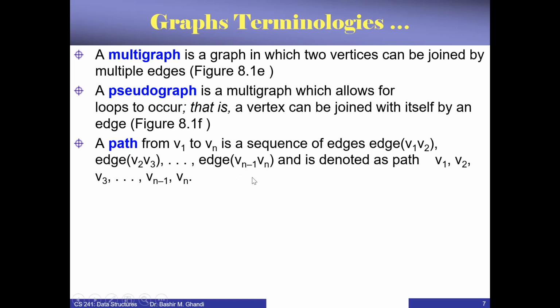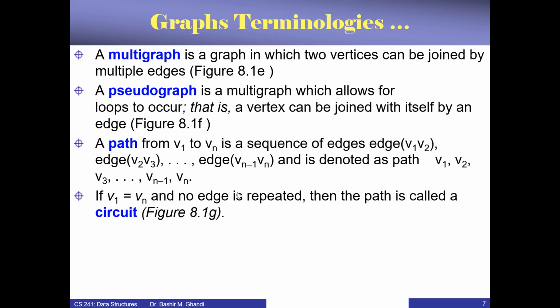Okay, so a sequence of edges between V1 and Vn. And for simplicity, it is simply denoted as V1, V2, V3, and so on until Vn, without repeating the word edge. Just list the sequence from the starting vertex until the ending vertex. This is called a path. No different from the meaning in terms of trees.